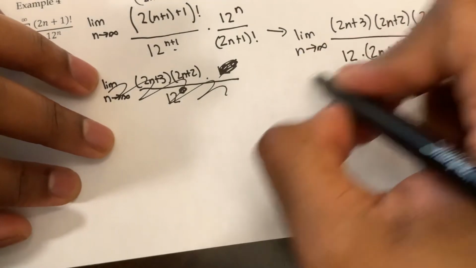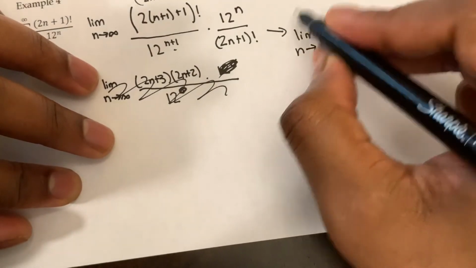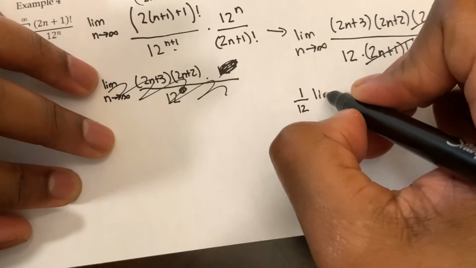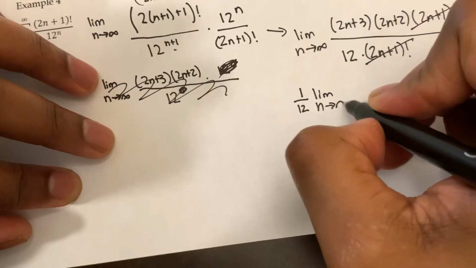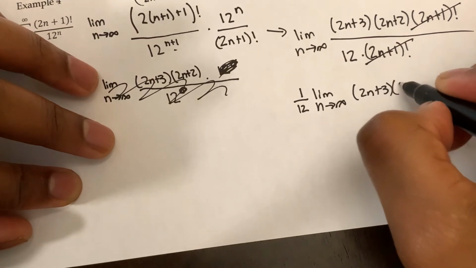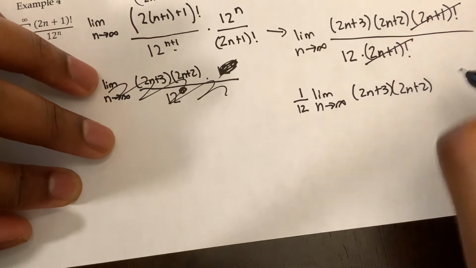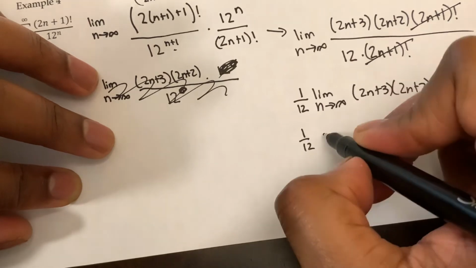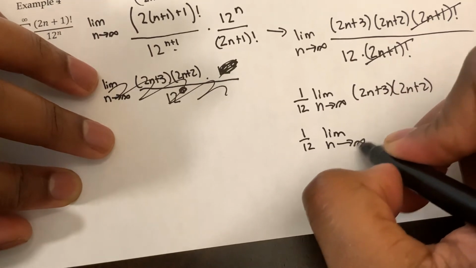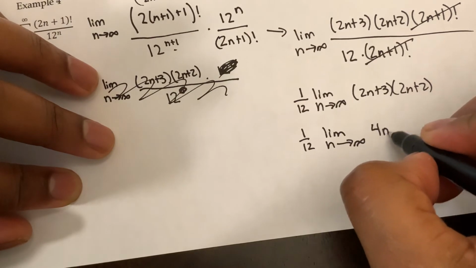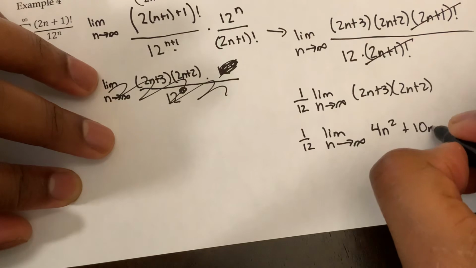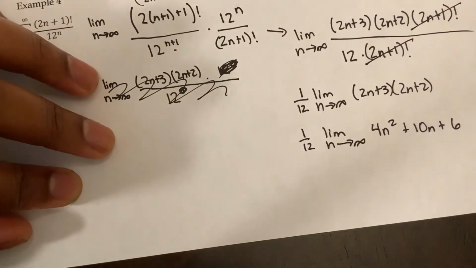And what happens is the 2n plus 1 factorials cancel. So what we're left with is the 1/12 can go on the outside. So we have 1/12, the limit as n goes to infinity of 2n plus 3 times 2n plus 2. If you wanted to, you could rewrite this as 4n squared plus 6n plus 4n, so plus 10n plus 6.